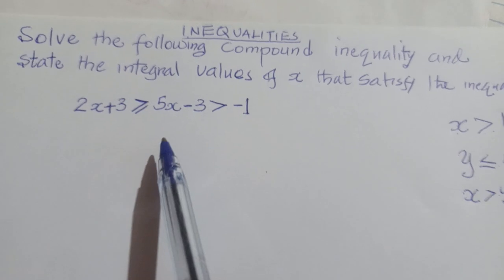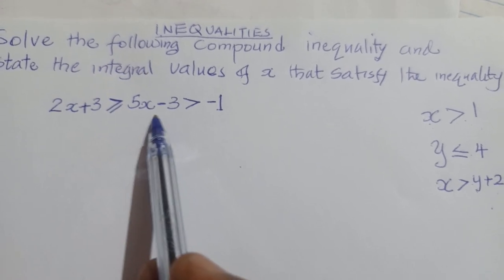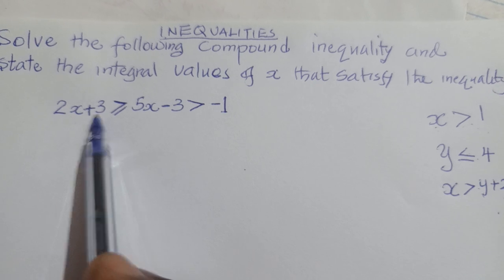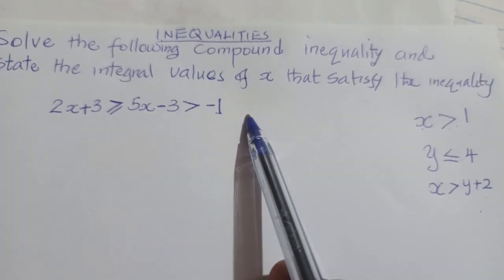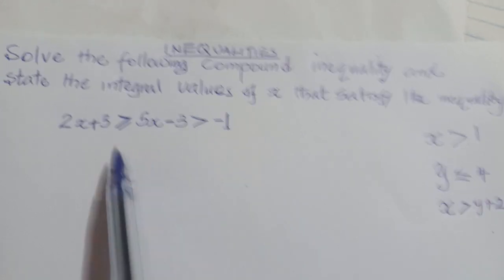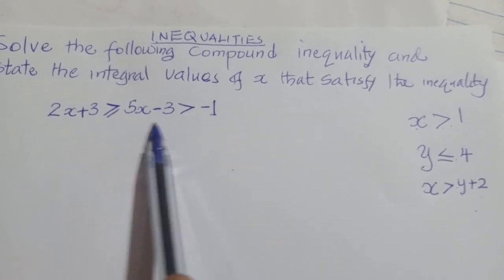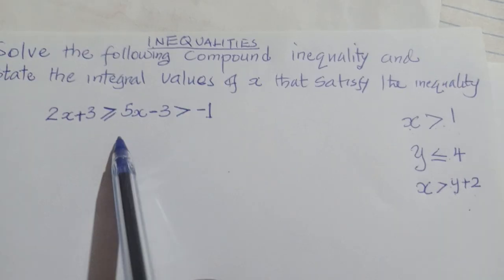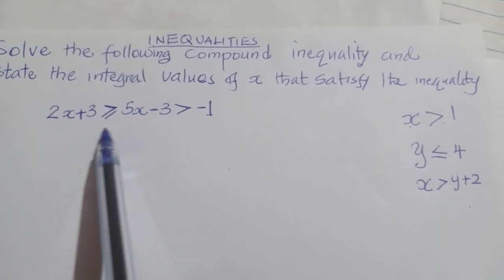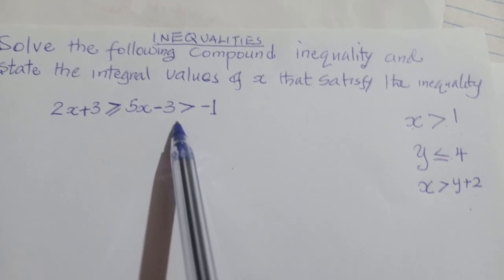When you have a compound inequality like what we have here, you can see we have 2x plus 3 on the extreme left and -1 on the extreme right, and we have 5x minus 3 at the center. Now in this case, the solution to this compound inequality is in two parts.